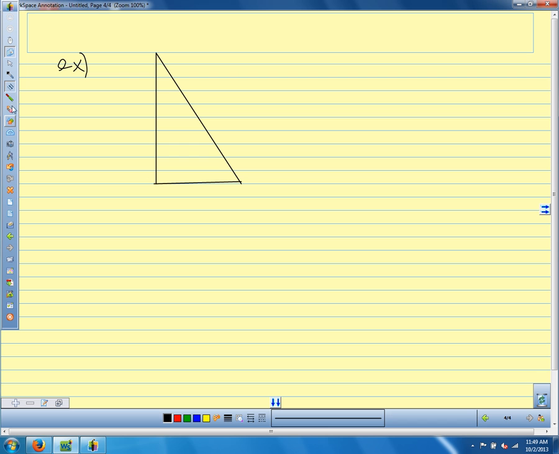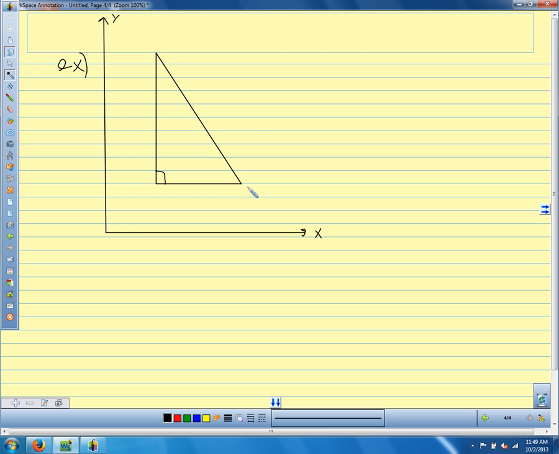Oops, let me make that side straighter. There we go. This is a 90-degree angle, and let's say we're somewhere on a graph here. So we plotted points, each corner of the triangle on my x and y axis.